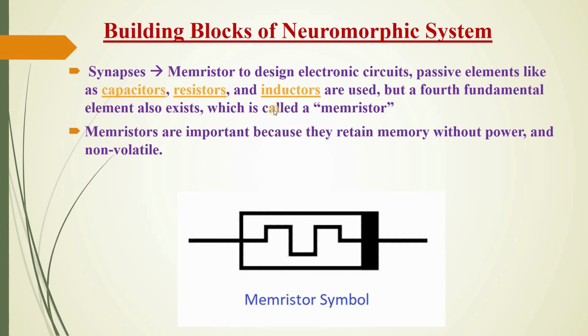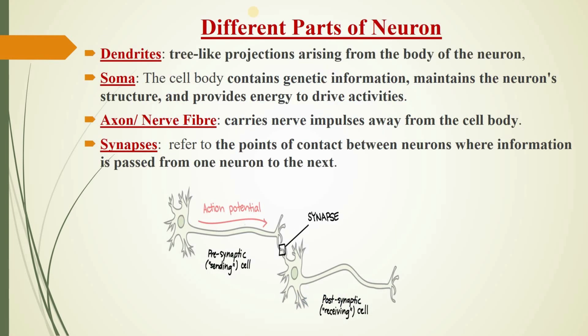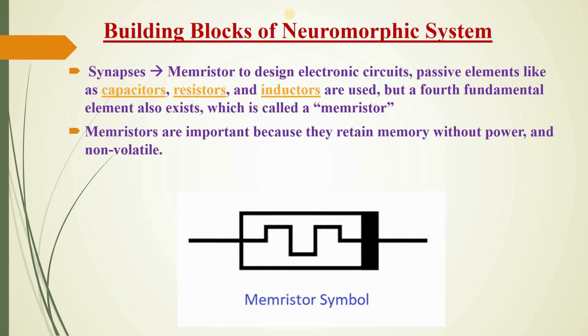See here, the building blocks of a neuromorphic system. So we now know the basic building blocks of the neuron. Let's see the building blocks of our proposed architecture, the neuromorphic system. What building blocks are required to construct neuromorphic architecture?